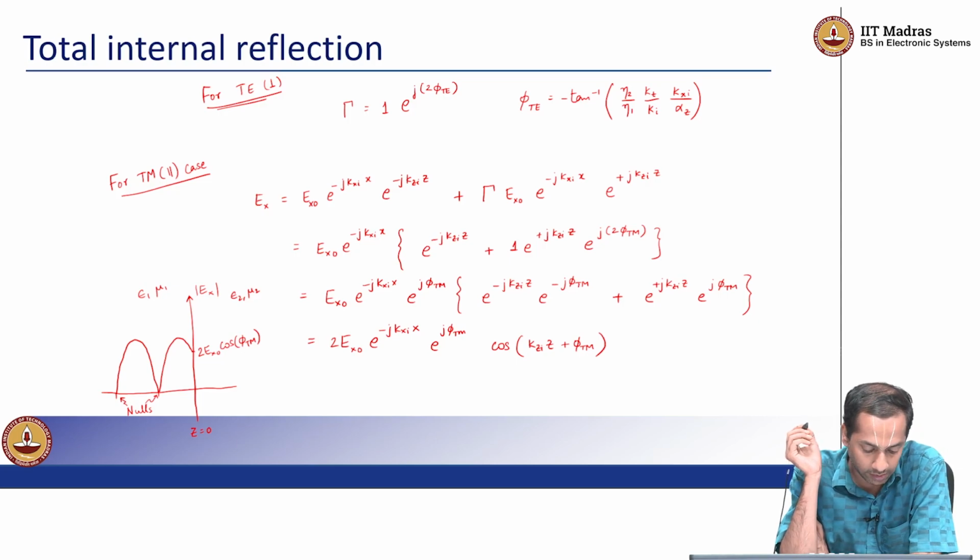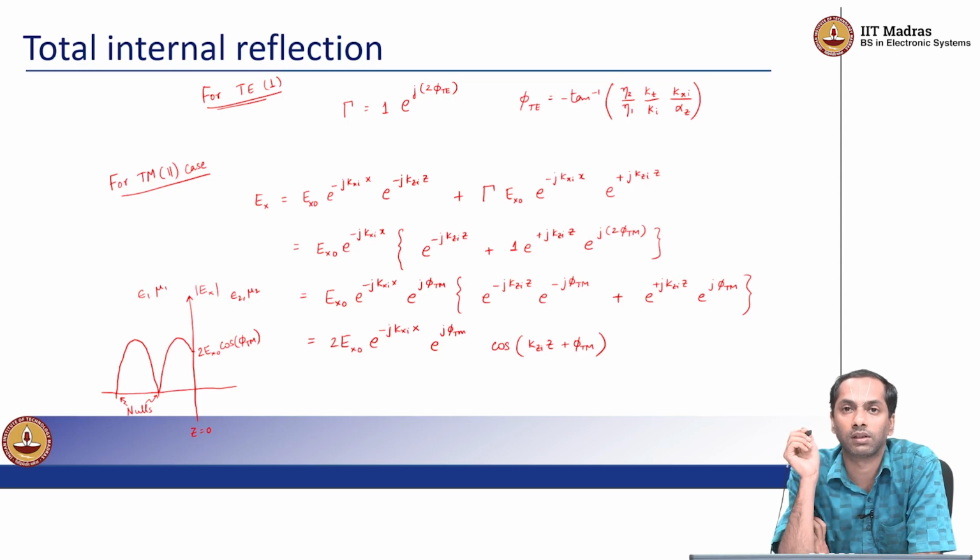What can we say is the distance between these nulls? It is when kziz goes over half a rotation, right? So remember that cosine curve goes to 0 twice in a full cycle, once at 90 degrees and the other at 270 degrees, right? So whenever kziz plus phi tm, remember phi tm is a fixed number. Once I decide what my incident angle theta i is, phi tm is a fixed number, right?